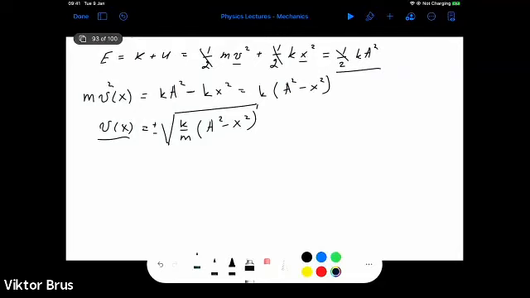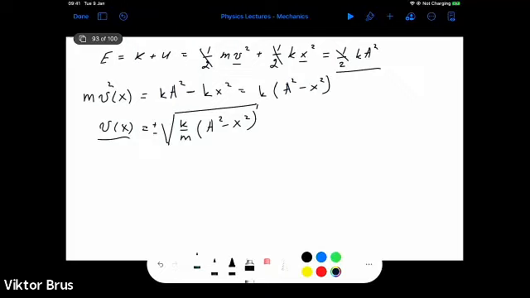At the same position x, it will have the same velocity by magnitude, but in different directions. Since we have a one-dimensional case, and we define the direction by the sign, we should put here plus minus square root, because it can be either positive or negative at the same x, depending on which phase our oscillation is.